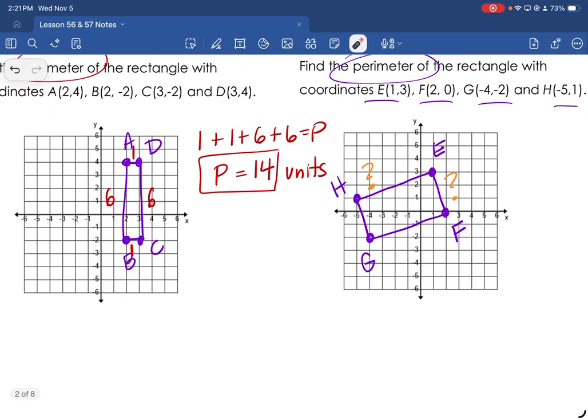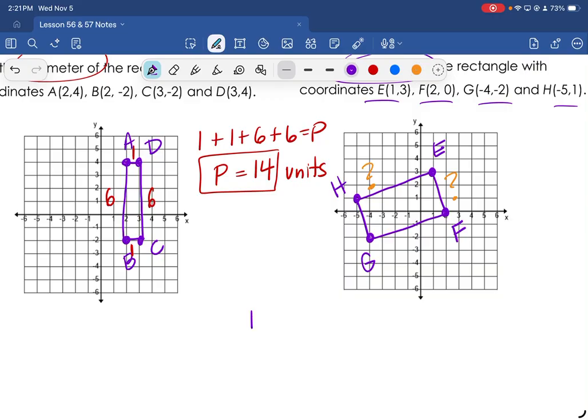So I'm going to do that down here. I will find HE. Give yourself plenty of room, okay? Because y'all know the distance formula is long. So for HE, I want y'all to look up here. Remember, we need this one and this one.